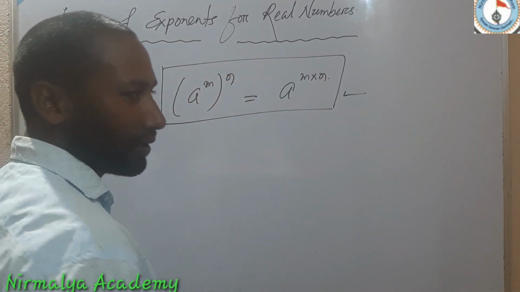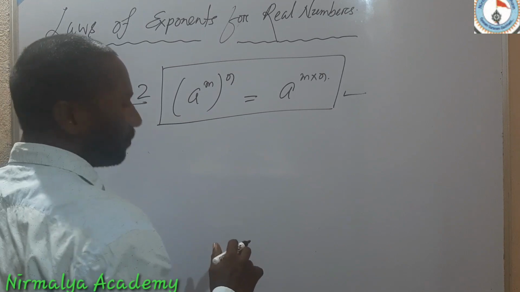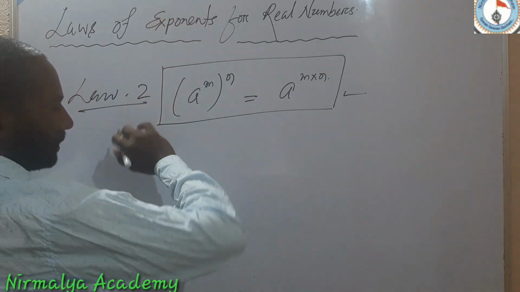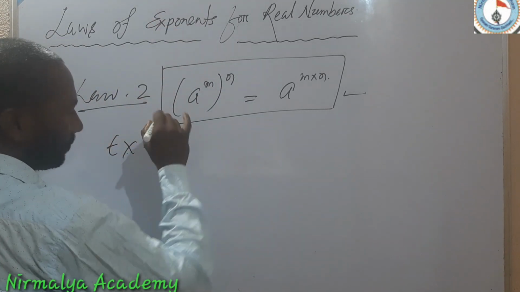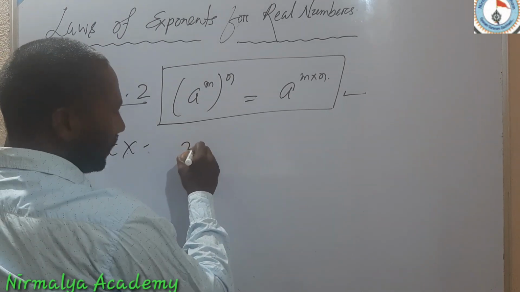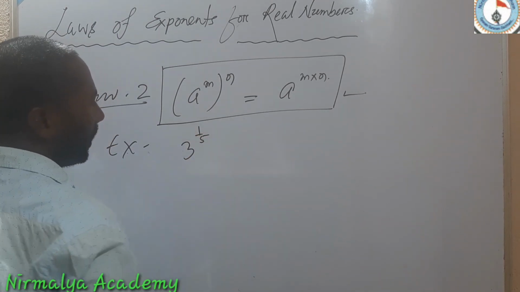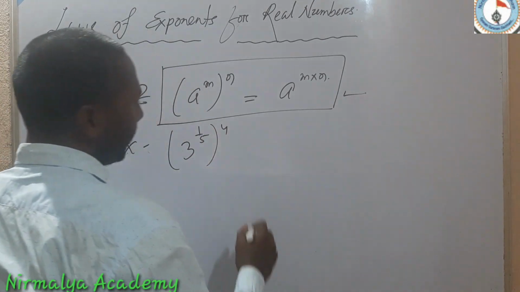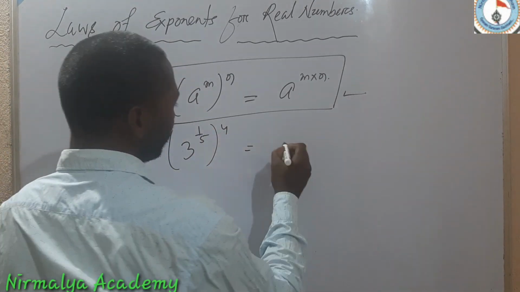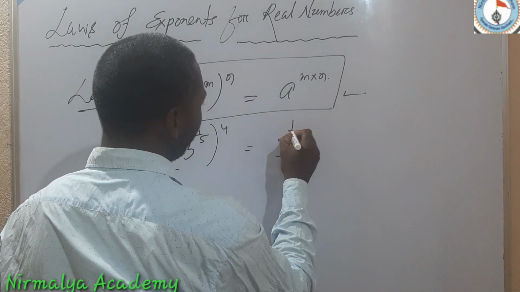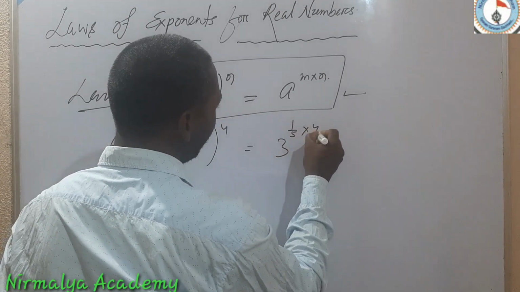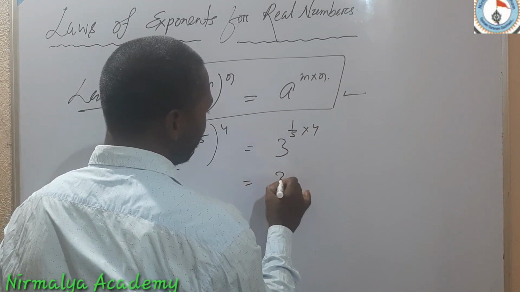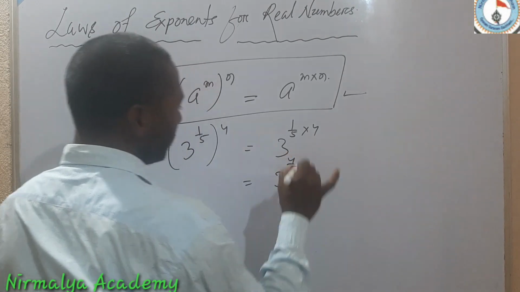Now we will discuss some examples. 3 to the power 1 by 5 whole to the power 4 equals 3 to the power 1 by 5 into 4, equals 3 to the power 4 by 5.